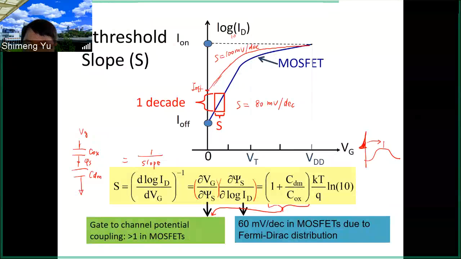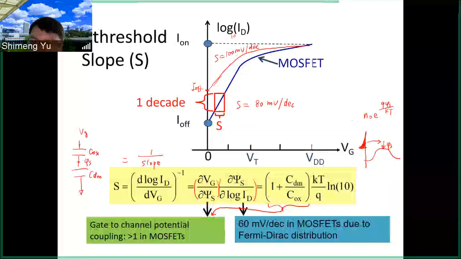Due to the Boltzmann distribution of the electrons, you have an exponential decay function. So this phi s will determine the current exponentially. If we take the log scale, then what is left is just the exponential term. If you recall, it's like exponential q phi s over kt.